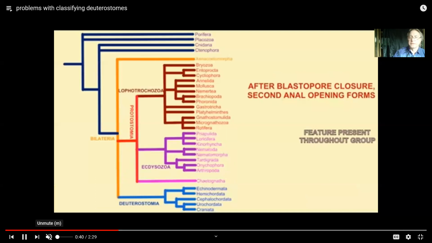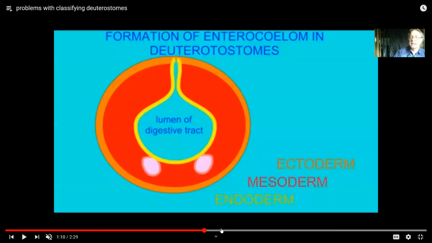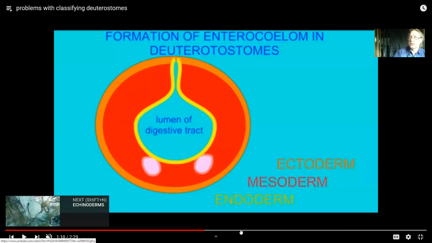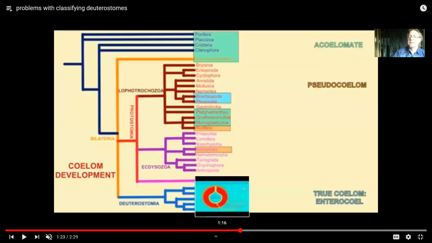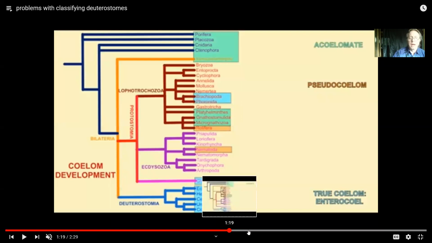If you ask, well, in vertebrates a second anal opening develops after that first one, well, that's true of vertebrates, but also one of the groups which we call protostomes. If you refer to the body cavity, it's a coelom, but coeloms can form in different ways. And in general, the protostomes have a different type of coelom than the deuterostomes.